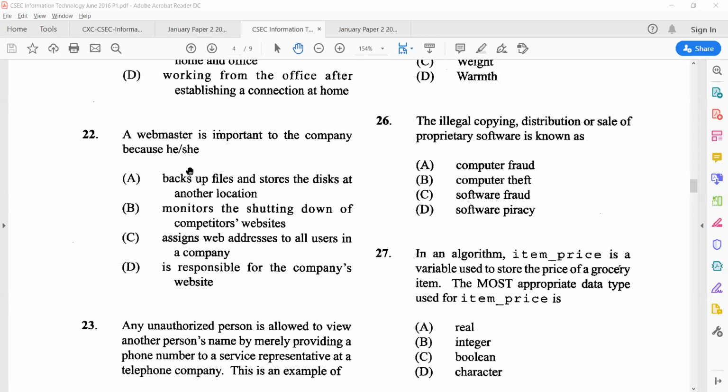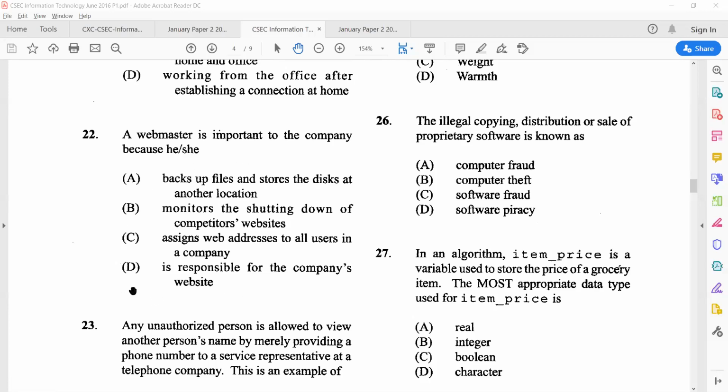A webmaster is important to a company because he or she is responsible for one of these. Right, so the first option is backs up files and stores the disks at a location, monitors the shutting down of competitors' websites, assigns web addresses to all users, responsible for the company's website.